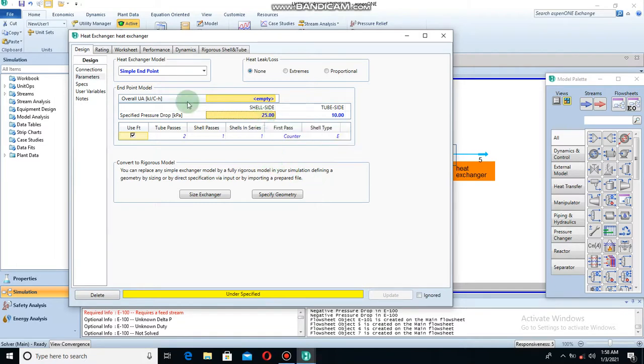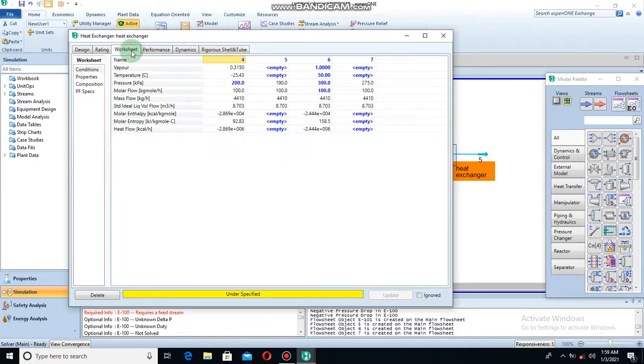Now the system is underspecified, so it is left for you to choose what phase the output ought to be, the output of the shell side. I like to choose a liquid phase. Here we go.